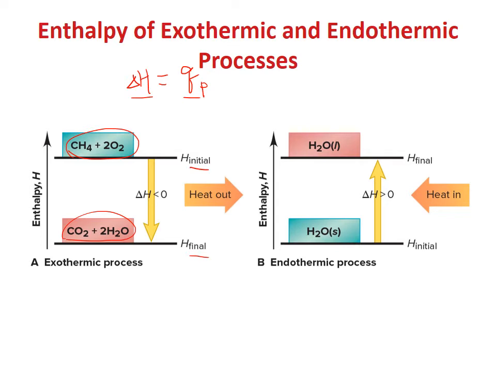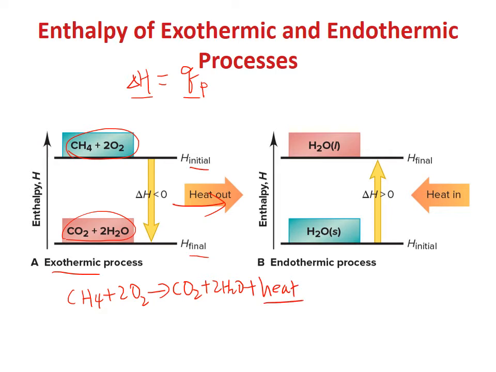This process is an exothermic process, meaning the reaction releases heat. So heat goes out from the system to the surroundings. We can write the heat as a product. So the reactants form CO2 and water, but also heat.